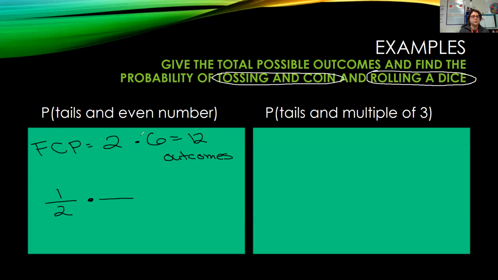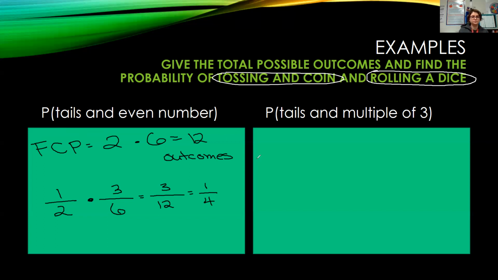For a number cube, I now have 6 possible outcomes, and even numbers are 3 of the 6. So I'm going to multiply and get 3 over 12. There's my 12 possible outcomes, but I do have to reduce and get 1 out of 4. So there's a 1 out of 4 chance of me flipping a coin and rolling a dice and getting tails and an even number.